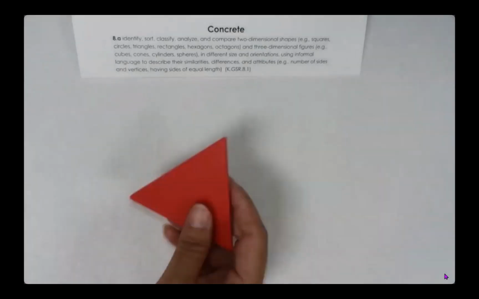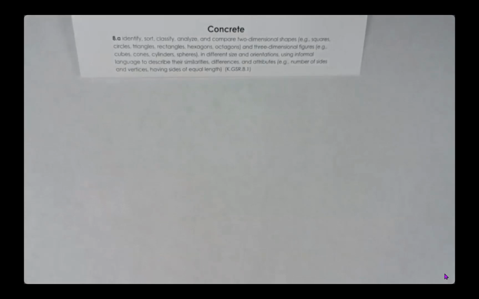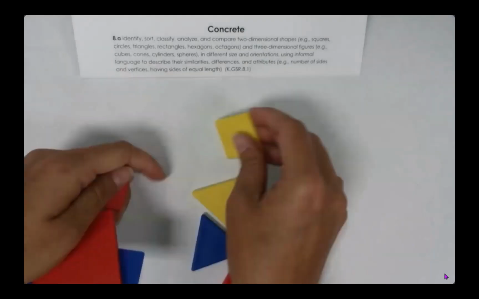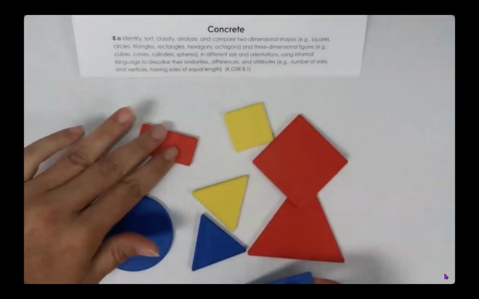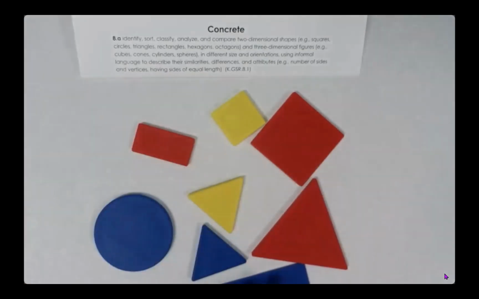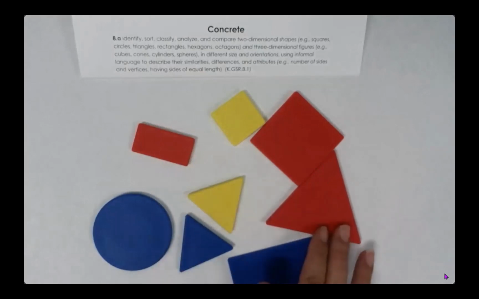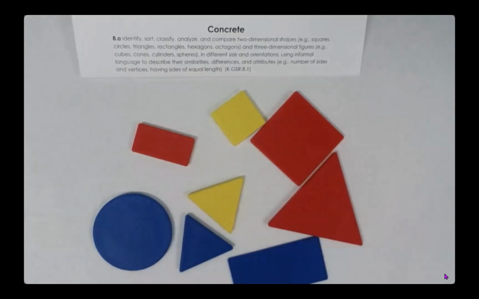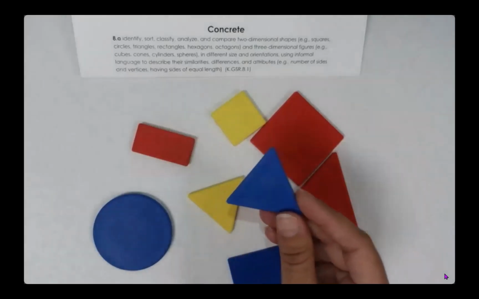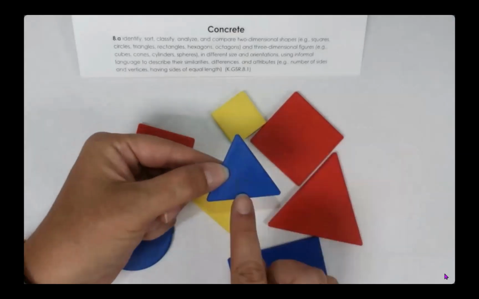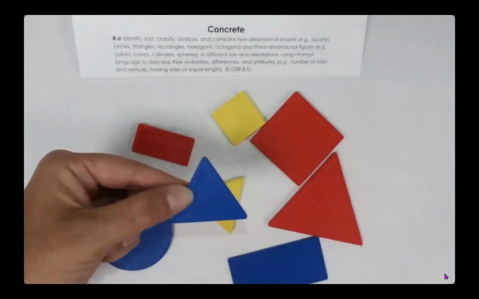Now, I also want students to be able to sort shapes. And I'm going to have them sort them into examples and non-examples. So I have some attribute blocks here that I would give students. And all I want them to be able to do is to sort these shapes into examples of triangles and non-examples of triangles. So what I'm looking for students to understand is that anytime I see a shape that has 3 sides, 1, 2, 3, and 3 vertices, it's called a triangle.